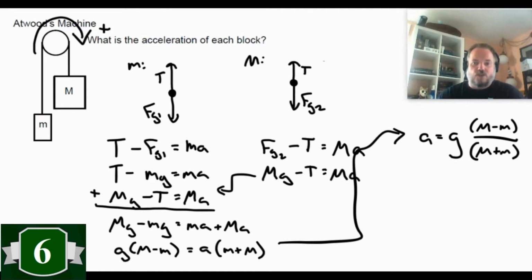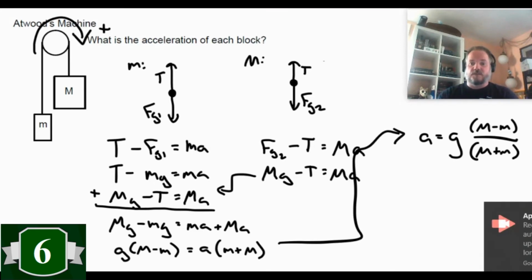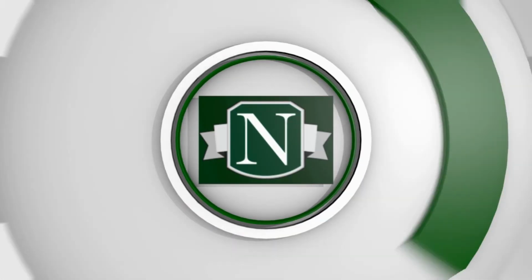This is called Atwood's equation for Atwood's machine, and it behaves as you would expect. The bigger the difference between the masses, the faster this thing is going to go. Doesn't that make good sense? And then the total mass is going to make the whole thing go slower because larger masses are harder to accelerate. So there is Atwood's machine.